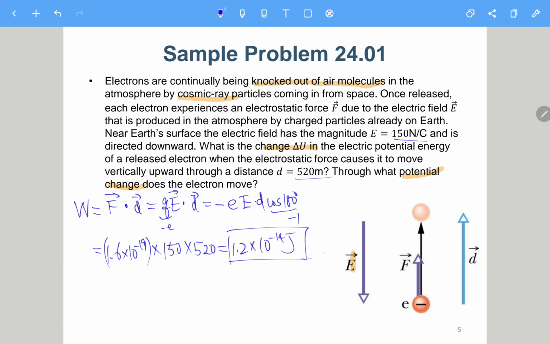Okay, so this is actually not the answer, so I just erase the box. It actually asks you for the change, delta U. So delta U should be negative W, which would be negative 1.2 times 10 to the minus 14 joule.